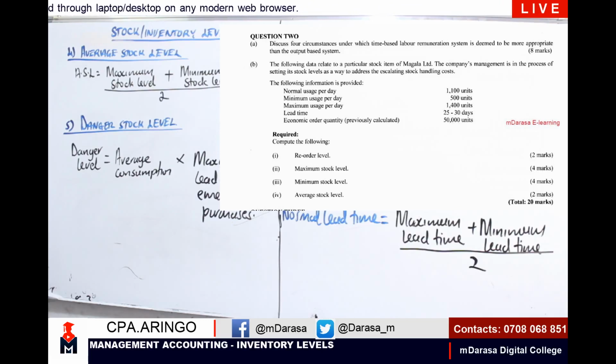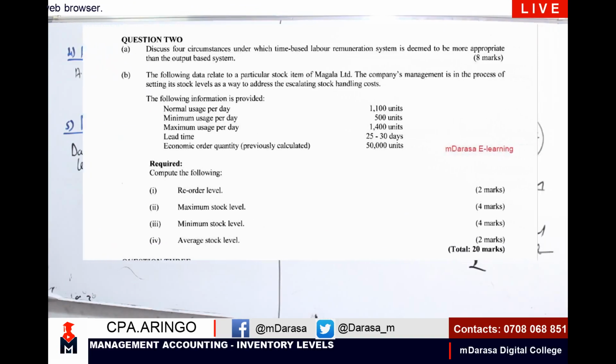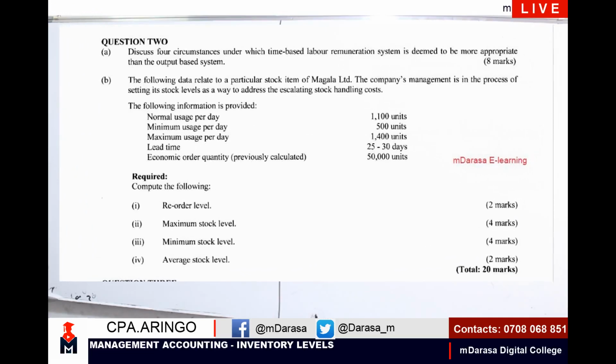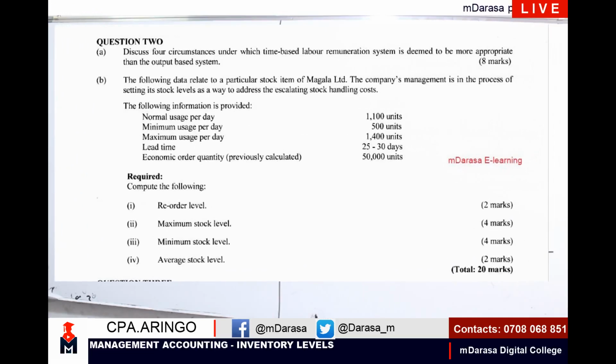So these are what you're told: the following data relates to a particular stock item of Magala Limited. The company's management is in the process of setting its stock levels as a way to address the escalating stock handling cost.